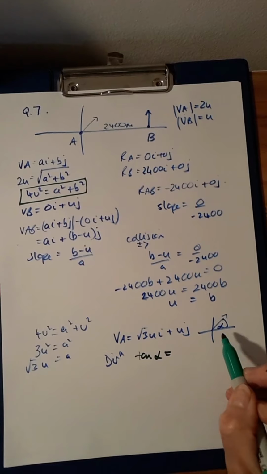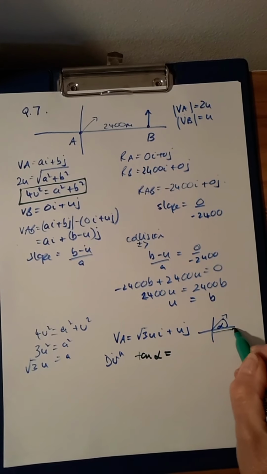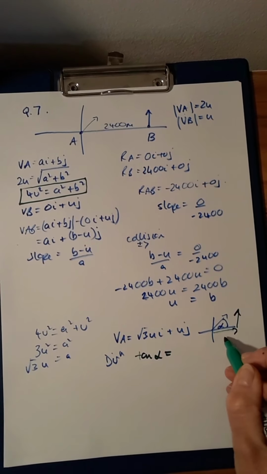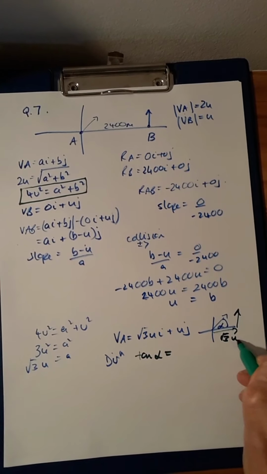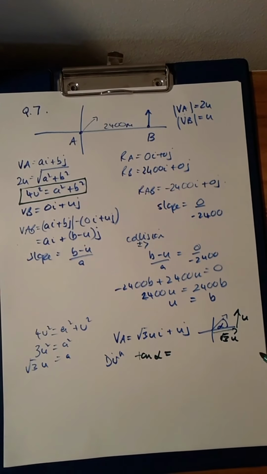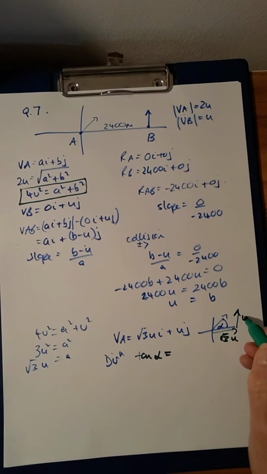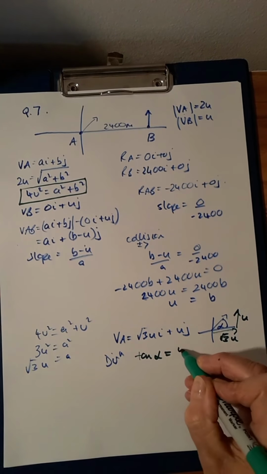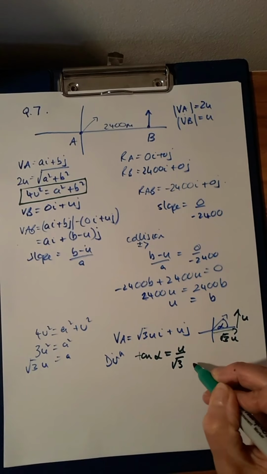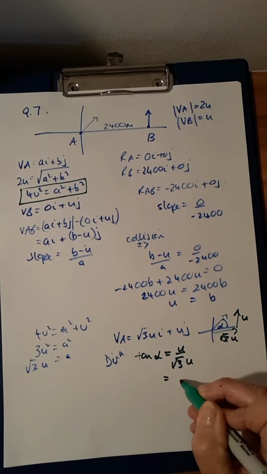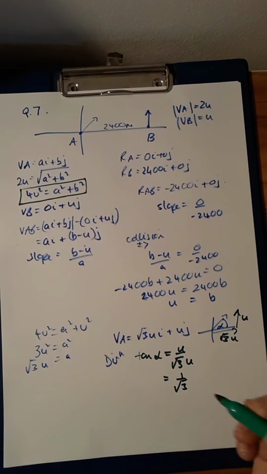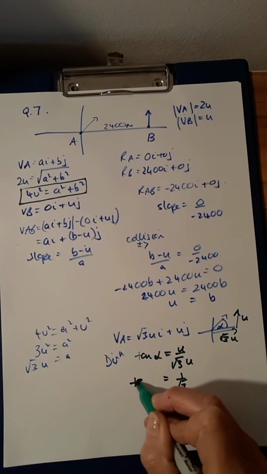So of course, if I draw a right angle triangle around that vector, this is the i component, which is root 3u. This is the j component. So to get the tan of alpha, it's the j's over the i's, or the opposite over the adjacent. u over root 3u. The u's will cancel, so that will become 1 over root 3.